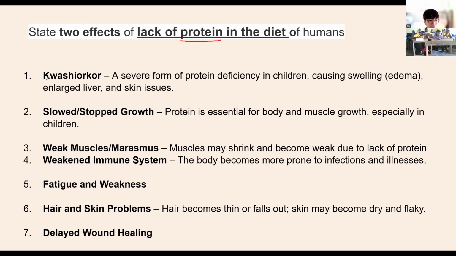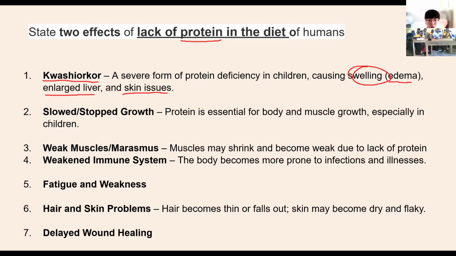So one example is kwashiorkor, and this is a severe form of protein deficiency in children, and it often causes swelling. So when you see people swelled up in their stomach, it's called edema. It leads to enlarged livers and other types of skin issues, but you can tell that a person has kwashiorkor by looking at their swollen stomach area.